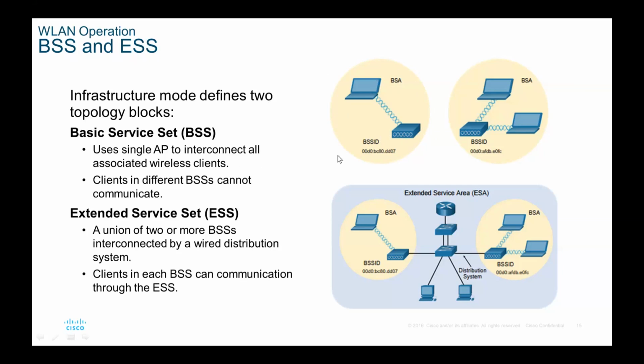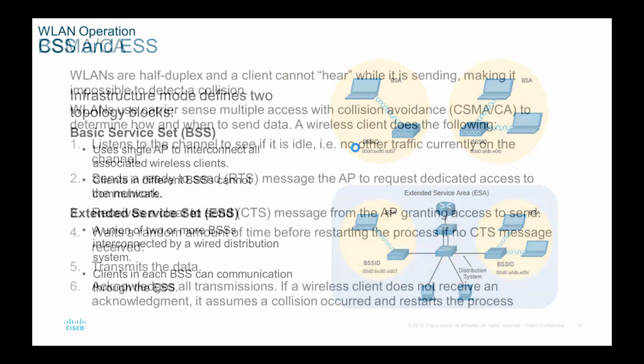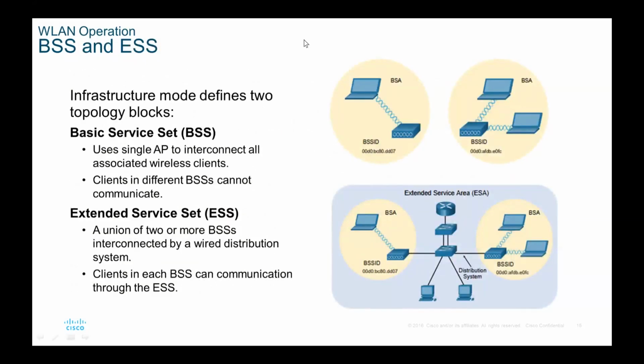Suppose if you want to extend it to another LAN, then in that case, we have to go for the extended service set. So a union of two or more basic service sets interconnected by a wired distribution system is called an ESS. Now, for the demo, we will be using the basic service set to connect the LANs.